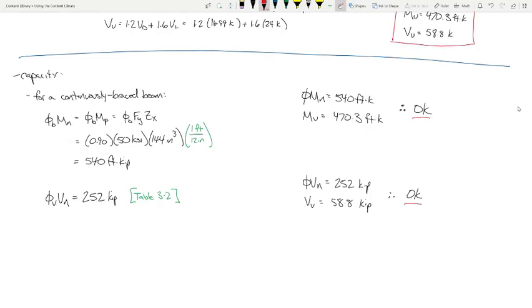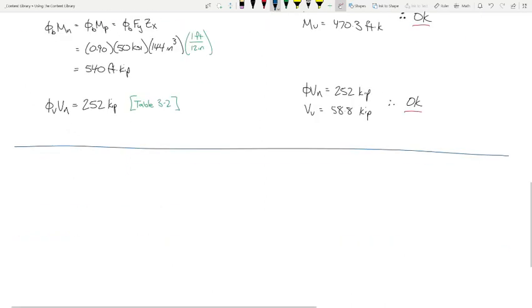Now, for deflection, okay, so let's talk about deflection. Specifically, in the problem, what the problem said is that we are doing a live load deflection check, okay?